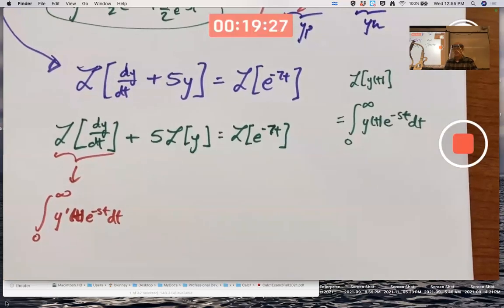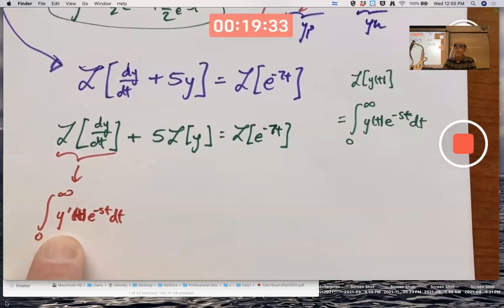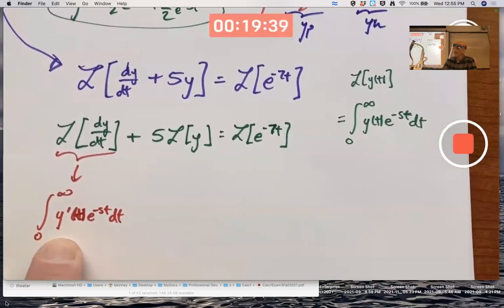I'm serious. Anytime you see an integral of a product where one of the factors involves a derivative, especially if it's an abstract derivative for a function you don't know, probably integration by parts is helpful.